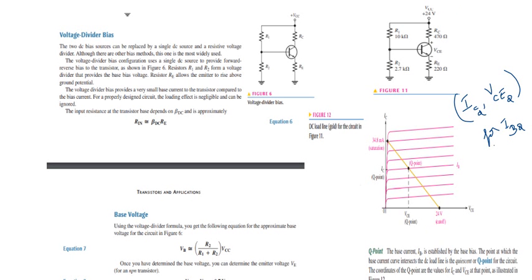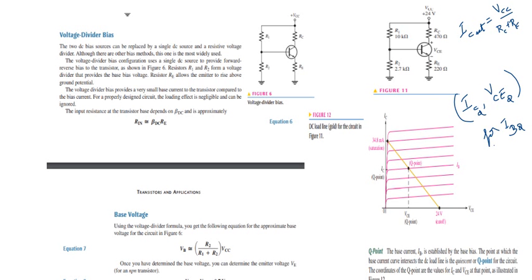First point we got. Next we get the other point. For this point, VCE is 0. When VCE is equal to 0, what is the current? That is IC saturation. IC saturation is VCC divided by RC plus RE.